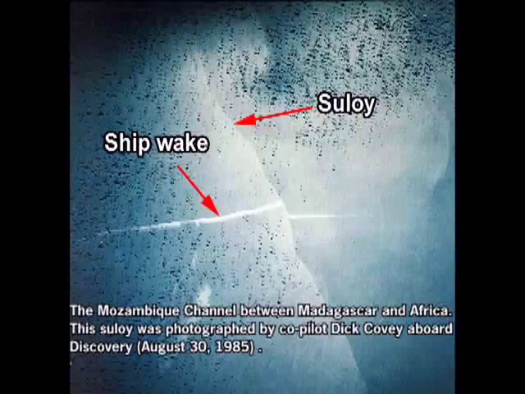And so I got the list of the nadir points, and I saw that line was right along the boundary where the equatorial current was going west and the countercurrent was going east. And so it was clearly a converging boundary, and so that had to be a Suloy.